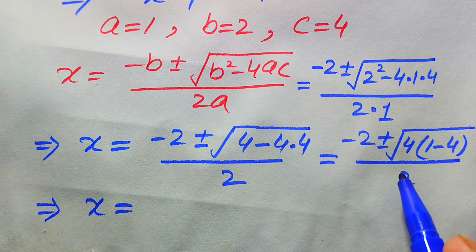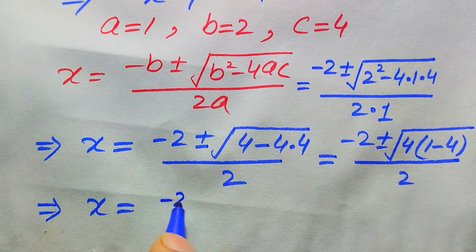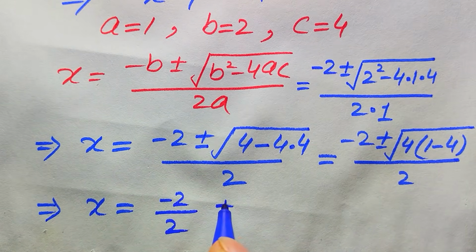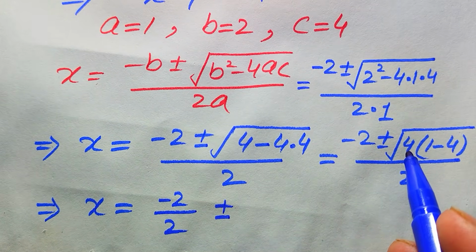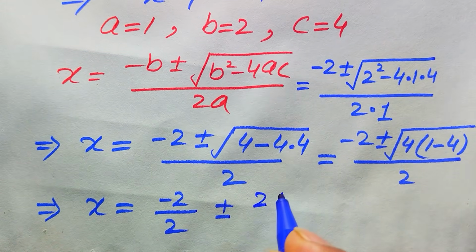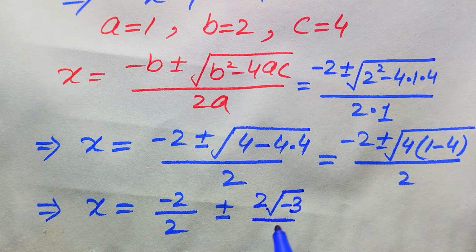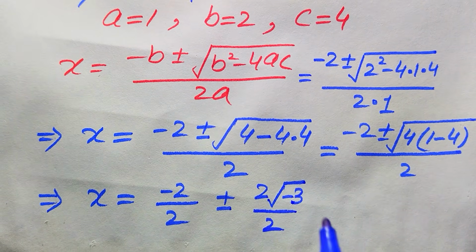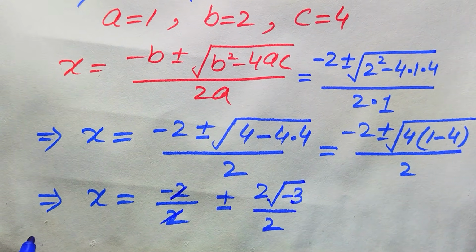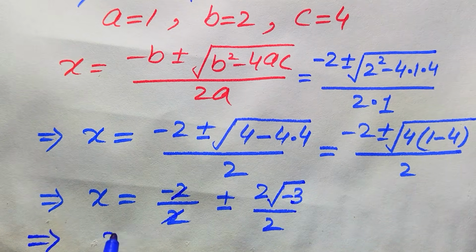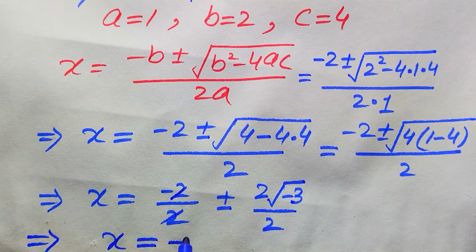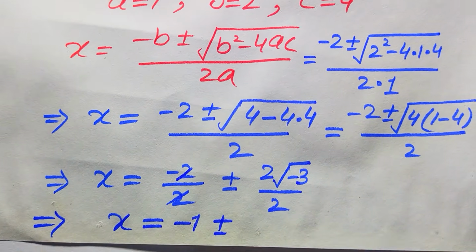So further we break this fraction and it becomes minus 2 divided by 2 plus minus, you know that the square root of 4 becomes 2 times the square root of 1 minus 4, which becomes minus 3, and it is divided by 2. So these two and these two are cancelled out by each other and we get x is equal to minus 1 plus minus.